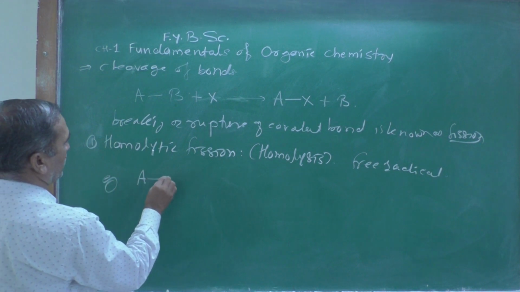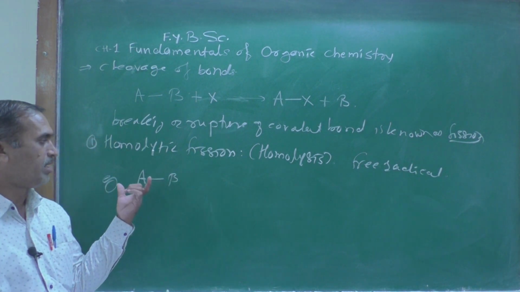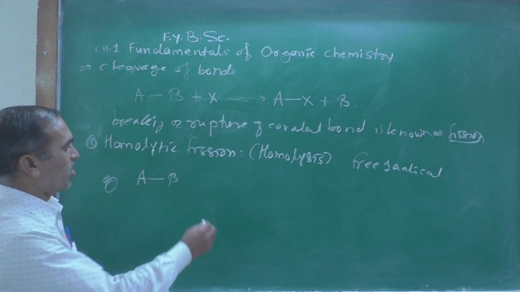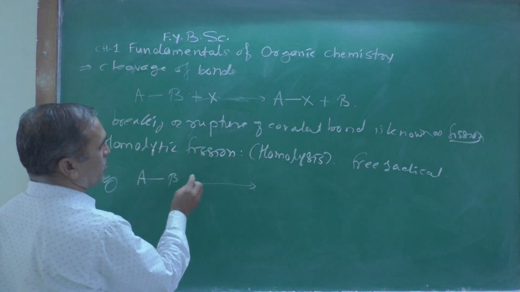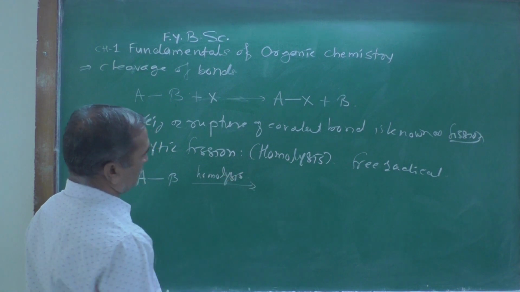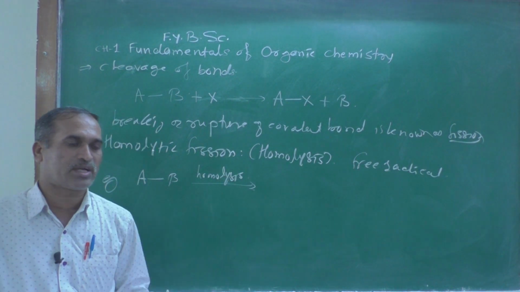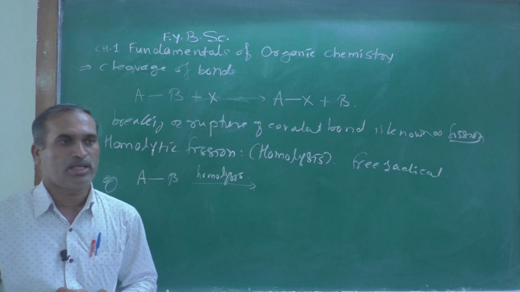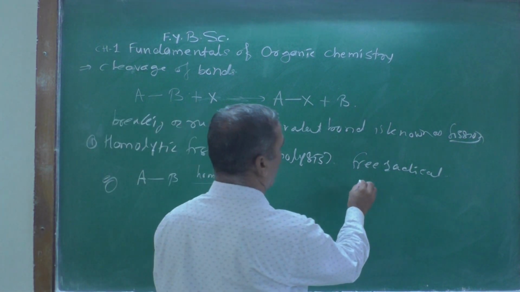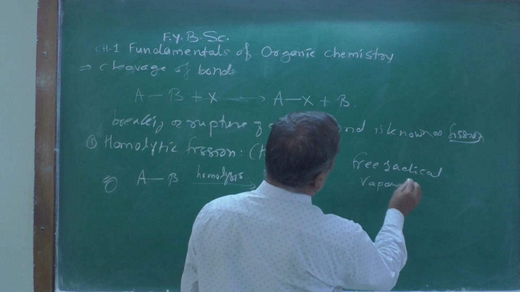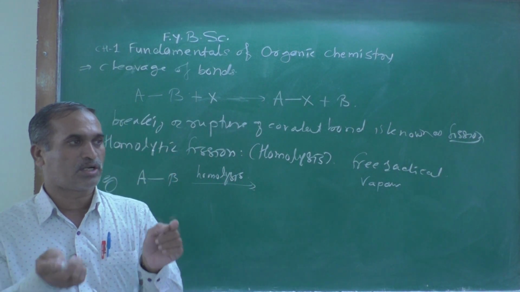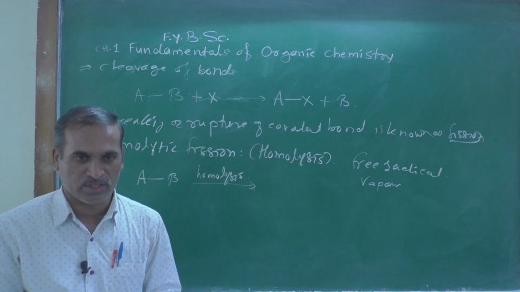Let us see one example here. For example, let us consider AB. In AB there is a covalent bond. This type of reaction generally occurs in vapor state, or in a solution prepared in a non-polar solvent.